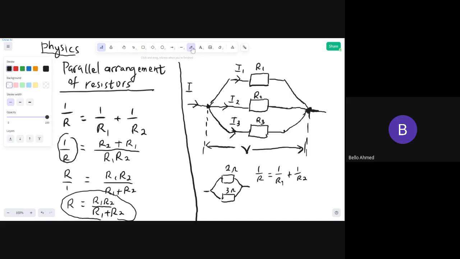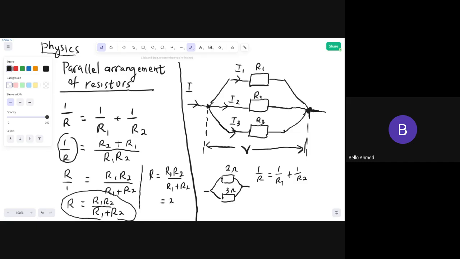So I'm going to say R is equal to, for two resistors in parallel, R1 R2 over R1 plus R2.